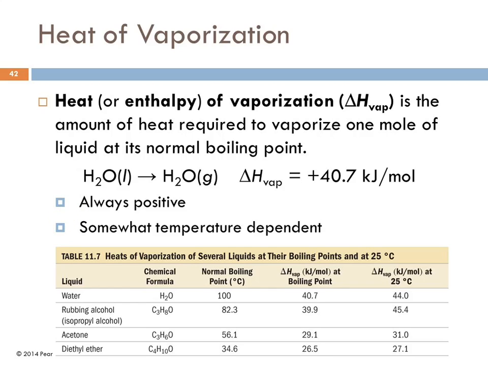It's somewhat temperature dependent, that's why we say at the normal boiling point, but we're not going to mess around with that too much. So here at the normal boiling point, it's 40.7. At 25 degrees, it's 44. We can compare heats of vaporization for rubbing alcohol, acetone, and diethyl ether.